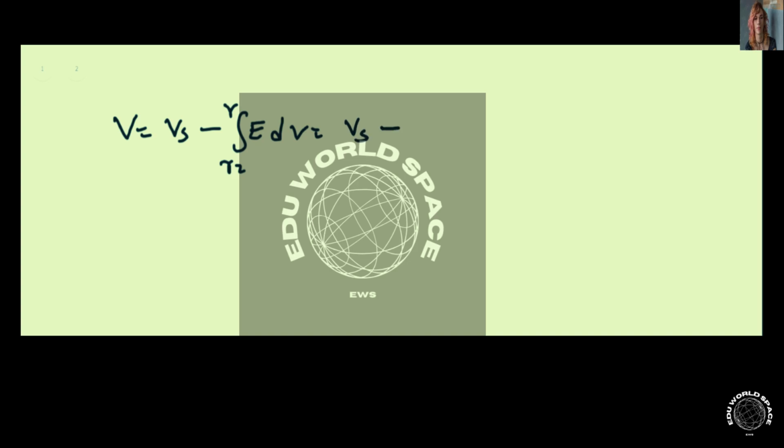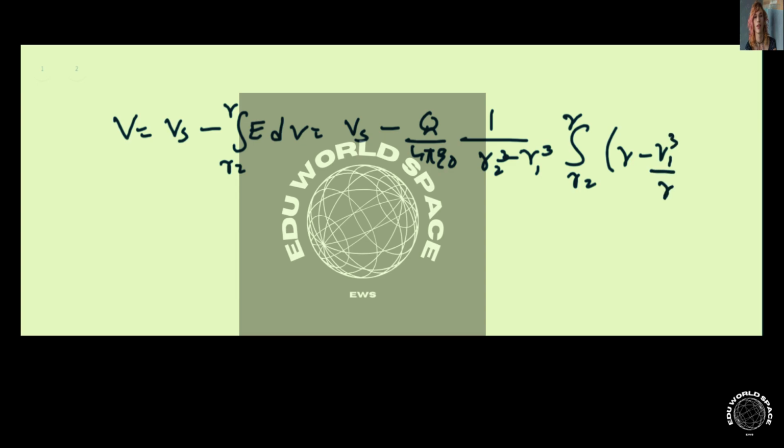This gives us Vs minus Q divided by 4 pi epsilon times 1 over (R2 cube minus R1 cube) times the integral from R2 to R of (R minus R1 cube divided by R squared) dr. So simplifying the expression, this is a minus sign here, not equal, Q divided by 4 pi epsilon times 1 over R2 cube minus R1 cube.